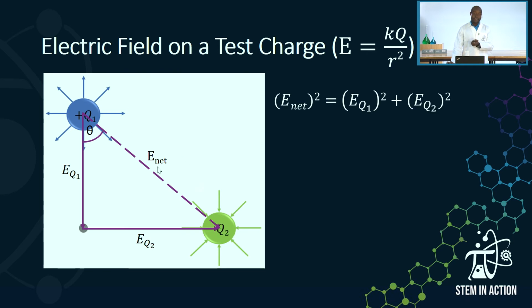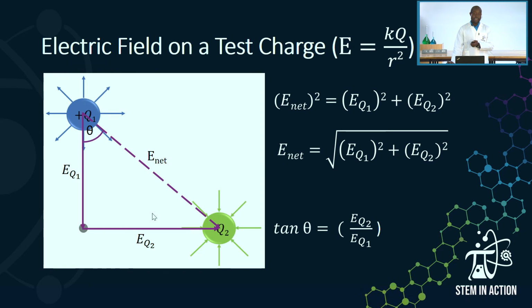And to find the E net, we apply the Pythagoras theorem, which says that E net squared is equal to EQ1 squared plus EQ2 squared, and we can rearrange this formula to get our E net. And to find the angle theta here, again, we apply the trigonometric ratio, which says opposite over adjacent. So this is our opposite, which is our x component in this case. That becomes our numerator, and the y component in this case becomes our denominator.